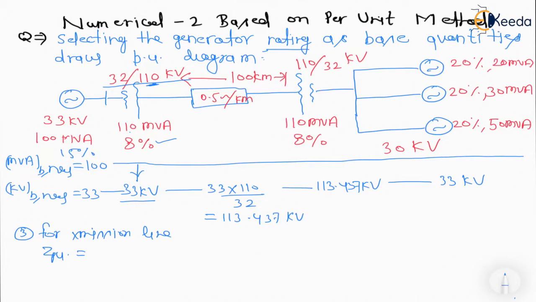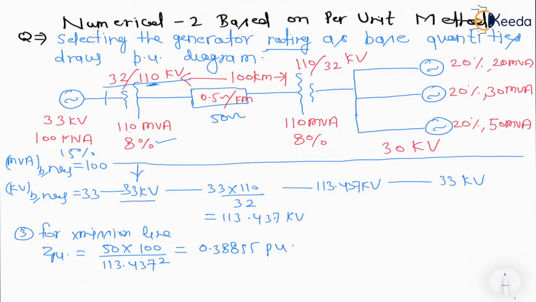The third one is for the transmission line. ZPU will be equal to Z actual, which is 0.5 ohm per kilometer. So for 100 kilometer it will be equal to 50 ohm. So 50 into MVAB new 100 upon KVB, we have to take 113.437 square, and that is equal to 0.38855 per unit.